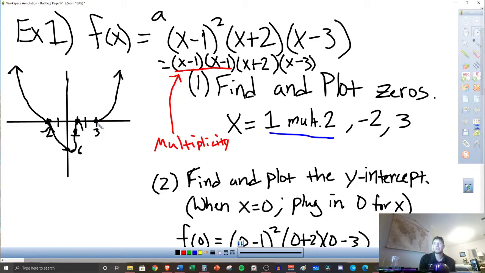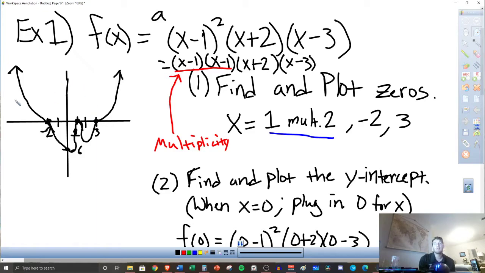Then the next point is this 3. Now, our graph has to curve back to that point, so we're going to go down and then curve back up, okay? It's not just going to go down and make a sharp turn back up. It's got to curve back up, okay?